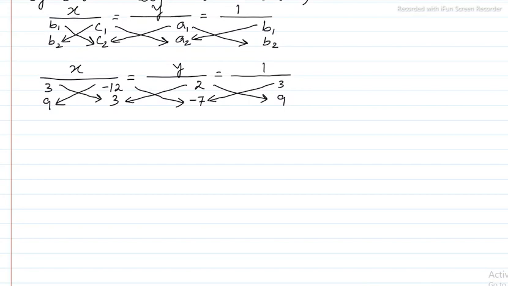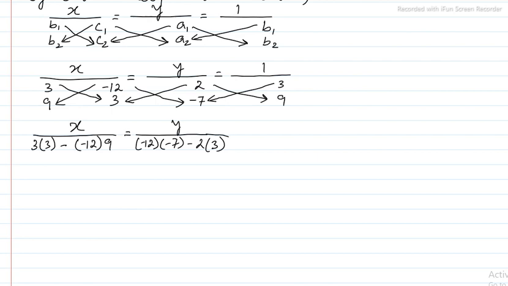Now we are going to get x upon 3 multiply with 3 minus 12 multiply with 9, and then for the value of y, minus 12 multiply with minus 7 minus 2 multiply with 3, and then 1 upon 2 multiply with 9 minus 3 multiply with minus 7.